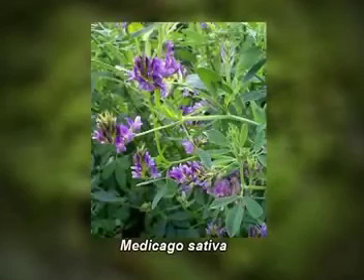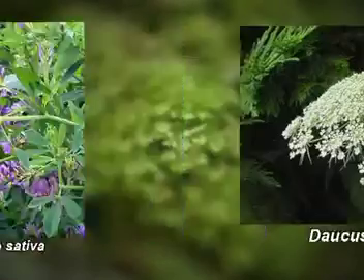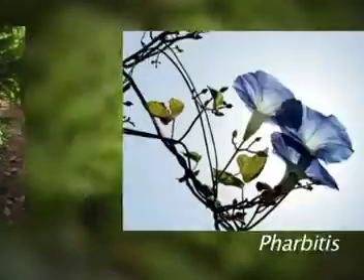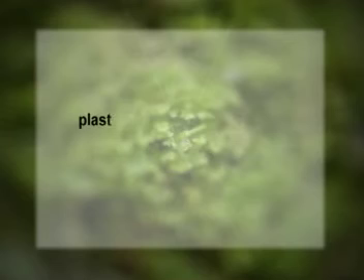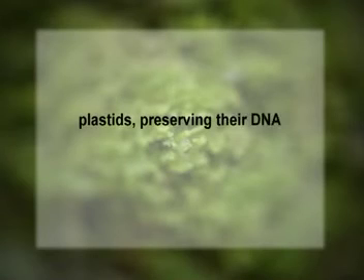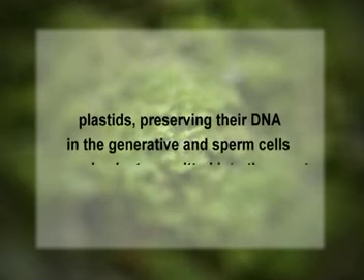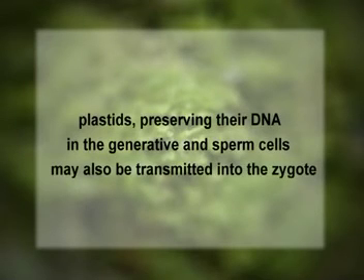Recently, uniparental paternal plastid inheritance has been demonstrated in Medicago sativa, Daucus, and Forsythia. These results indicated that this mode of plastid inheritance is definitely present in angiosperms. The cytological mechanism is that the plastids preserving their DNA in the generative and sperm cells may also be transmitted into the zygote.